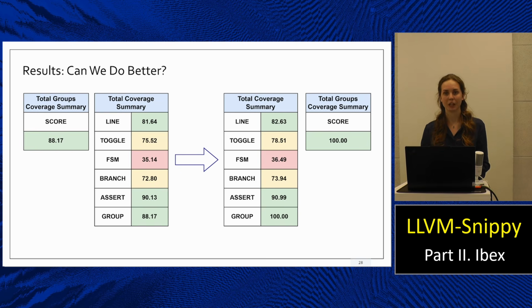Let's look at the result of these specific scenarios. After the basic set, we had 88% functional coverage. By targeting rare cases, we brought it up to 100. Code coverage also improved slightly: line coverage increased about 1%, toggle about 3%, and branch approximately 1%.